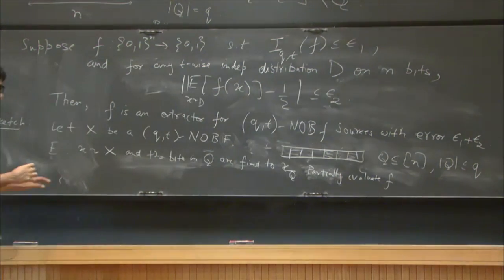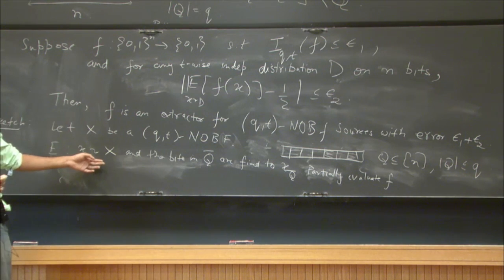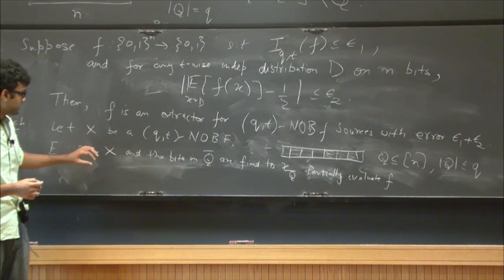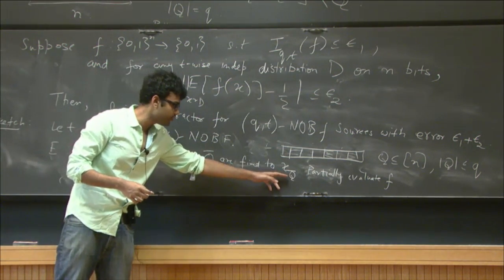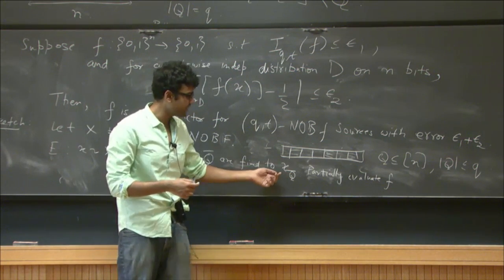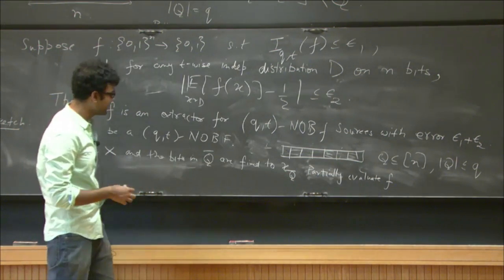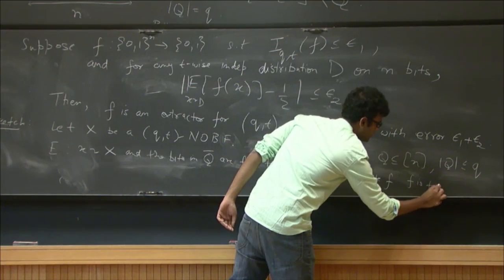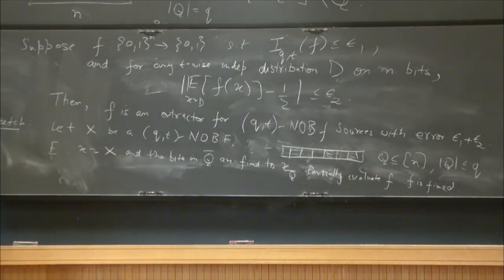What we are doing is sampling a string x from the source, which is a q comma t NOBF, looking at the coordinates in q bar, setting them to the corresponding string and partially evaluating f. E is the event that f is fixed on this partial evaluation.